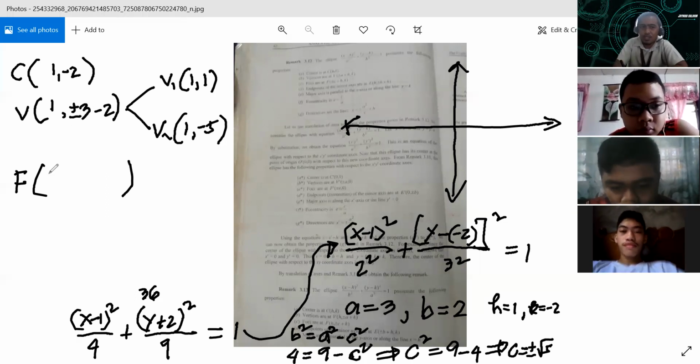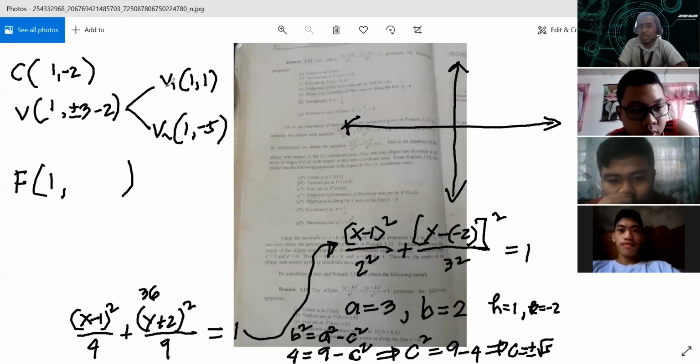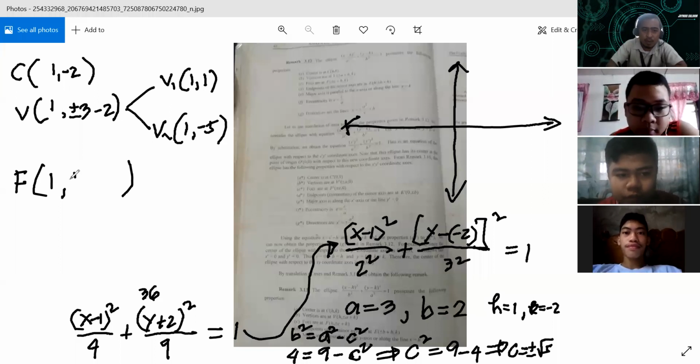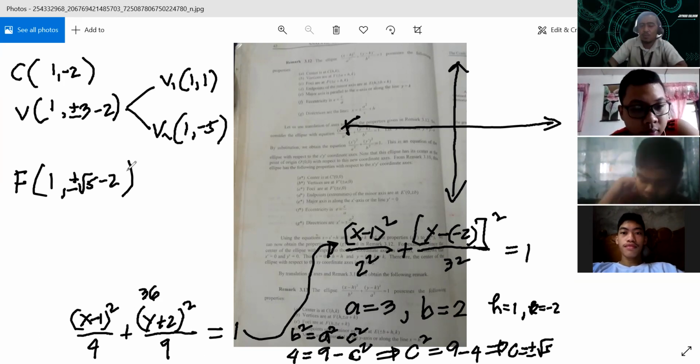So it should be 1, comma. What is your C? Square root of 5, sir. Square root of 5. So it should be plus or minus square root of 5 minus 2.